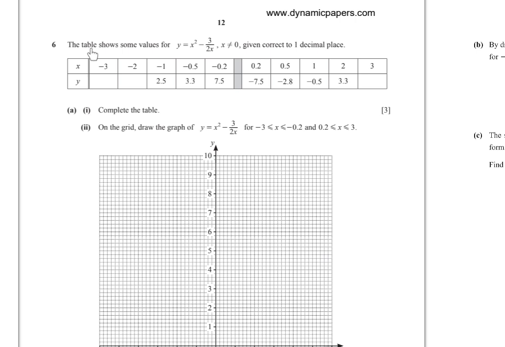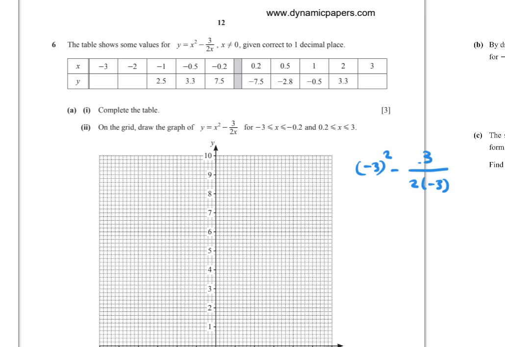Number 6. The table shows some values for y equals x squared minus 3 over 2x. Give correct to one decimal place. Complete the table. To find the missing values, you can use your calculator. For negative 3, just substitute x equals negative 3. So you can write negative 3 squared minus 3 over 2 times negative 3.